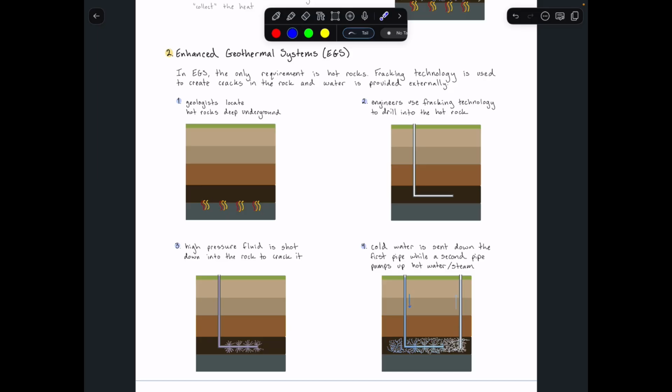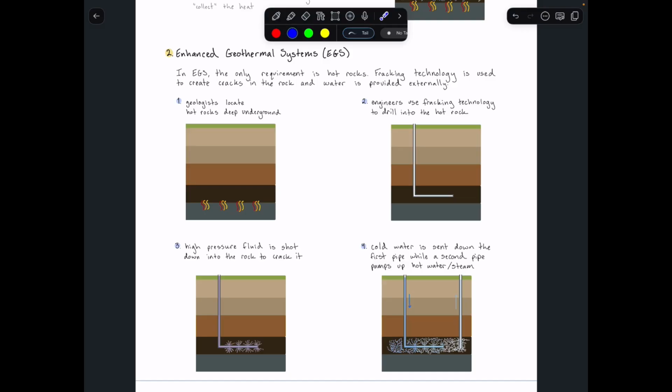And then what happens is that water is sent down from the first well. That water is then able to permeate through and pick up the heat from these rocks that have been broken up. And then a well that's a little further away will take this hot water or steam and pump it up at another location.